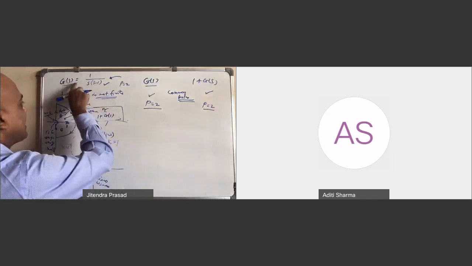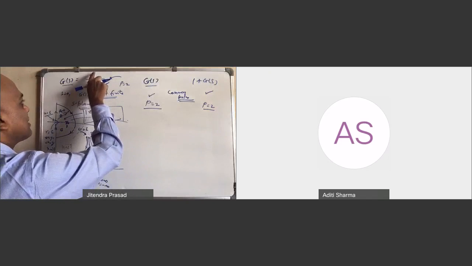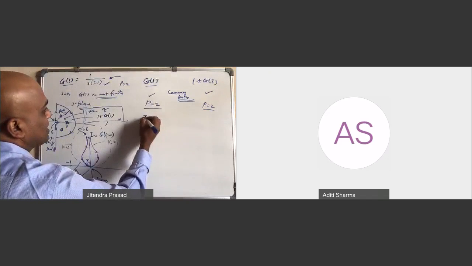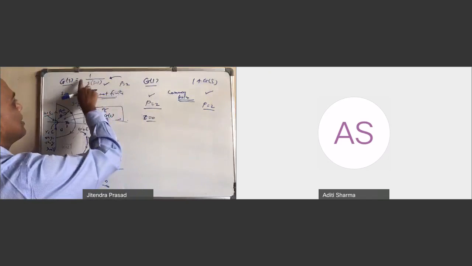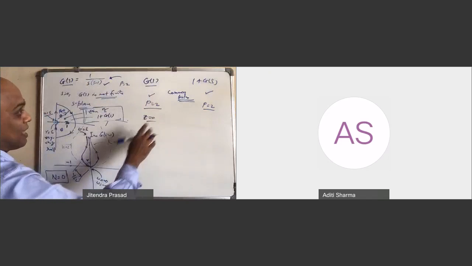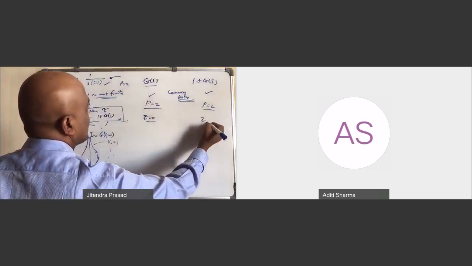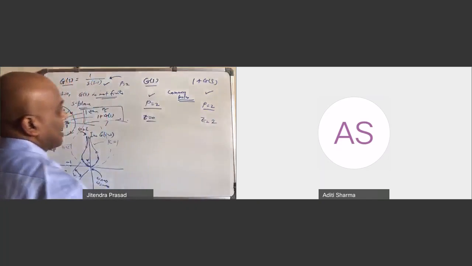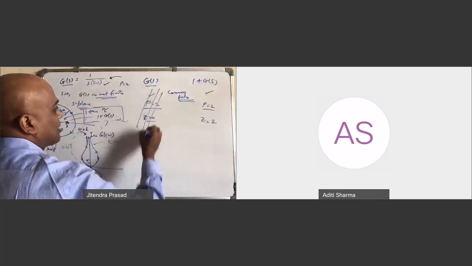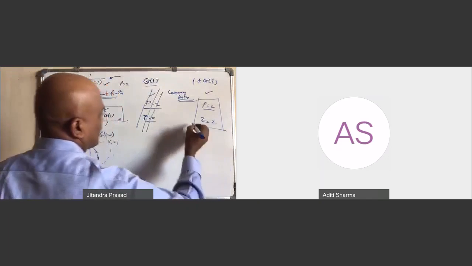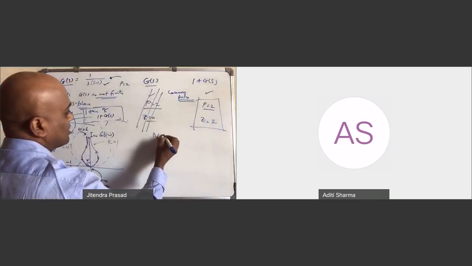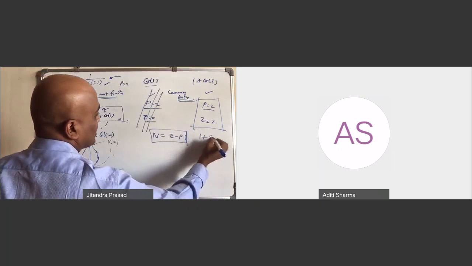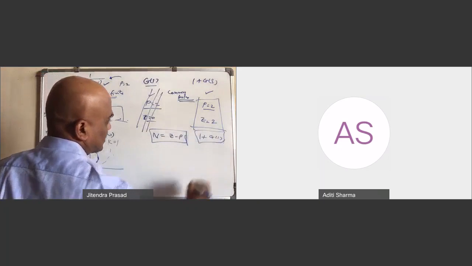Now, looking at this one, in this case there is no zero here, right? So Z equal to 0 for this one. But here, if you say we added 1 plus, we get Z equal to 2. Basically, we are not talking about this, we are talking about this. So whenever we say N equal to Z minus P, we are talking about 1 plus G(s) only, nothing else.